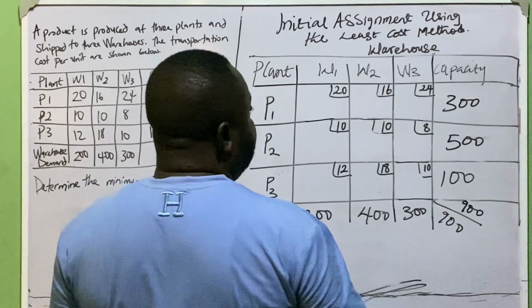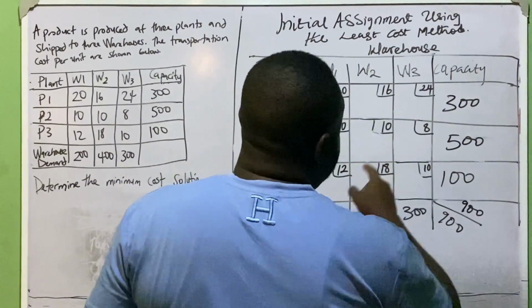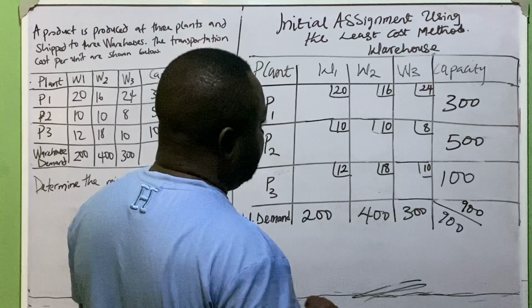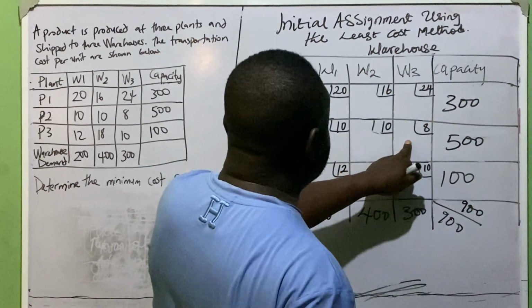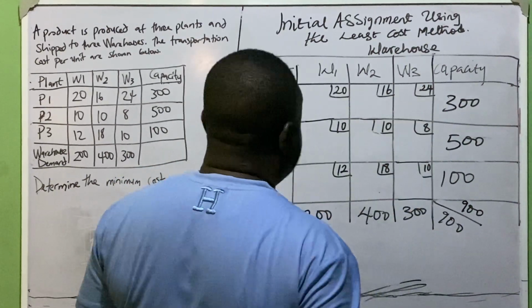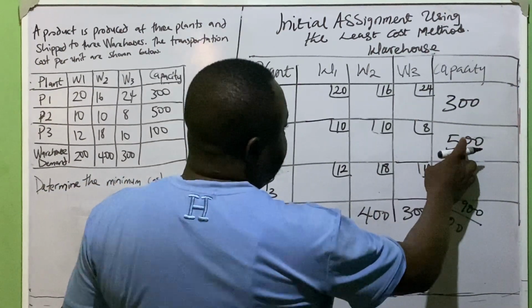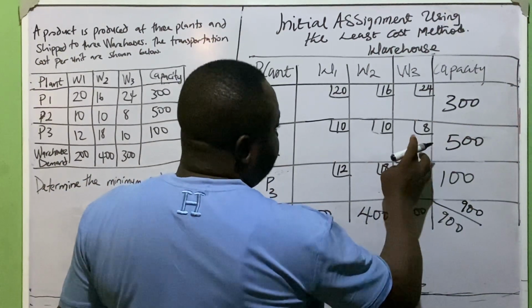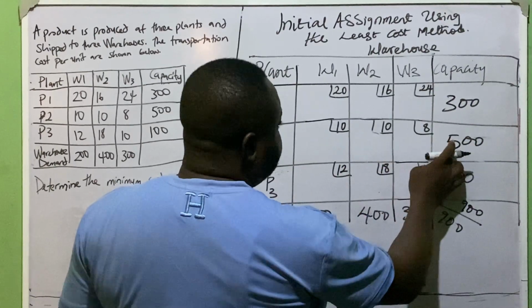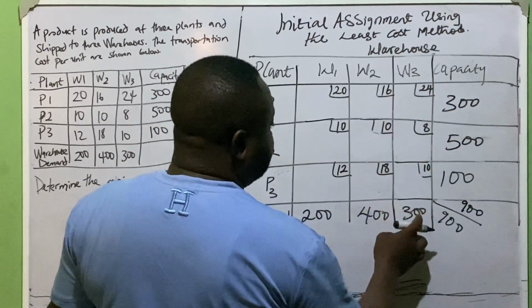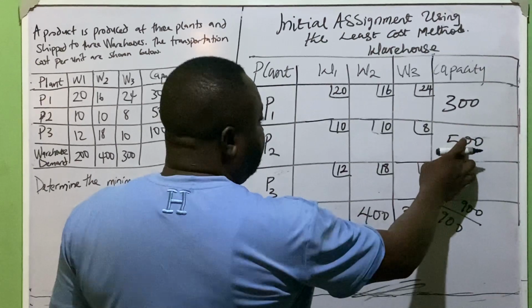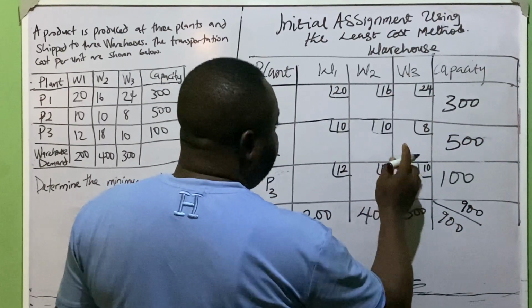So I have 8 as the least cost here, and this is cell P2W3. I have 500 from the source, and the demand is asking for 300, which means I can take 300 here and satisfy this W3.